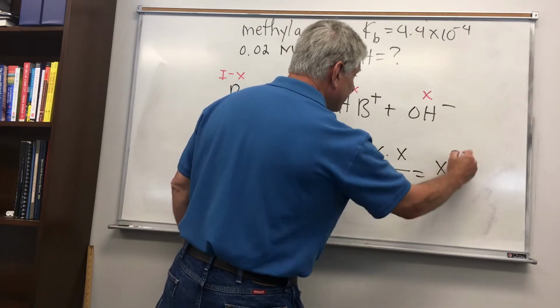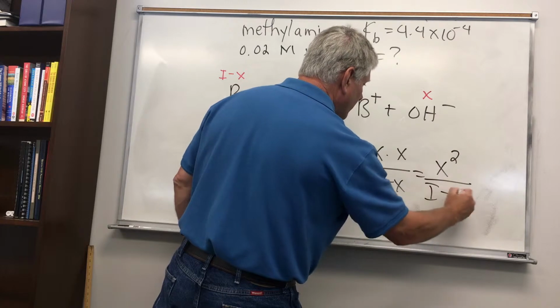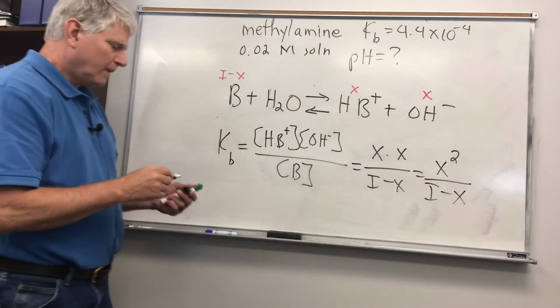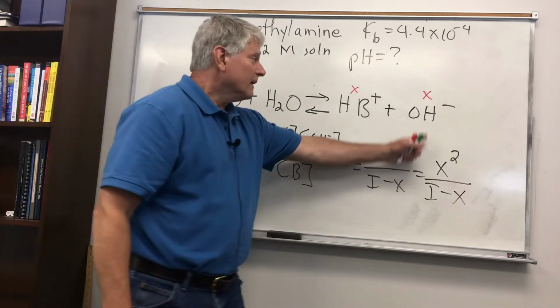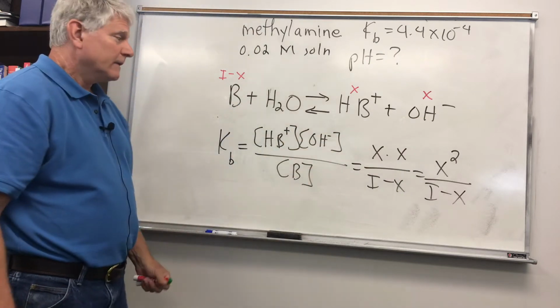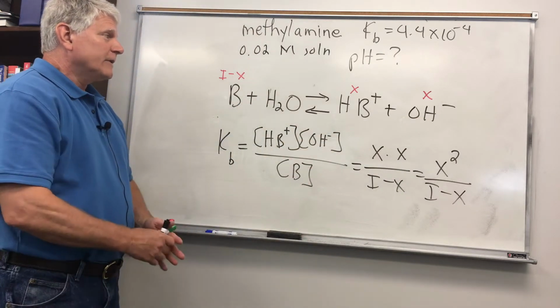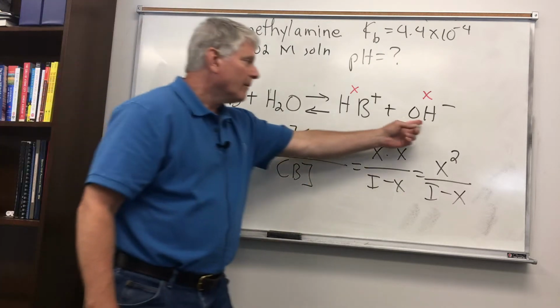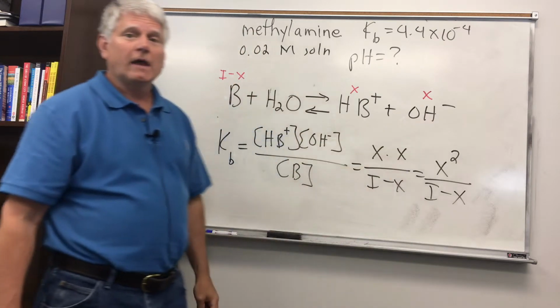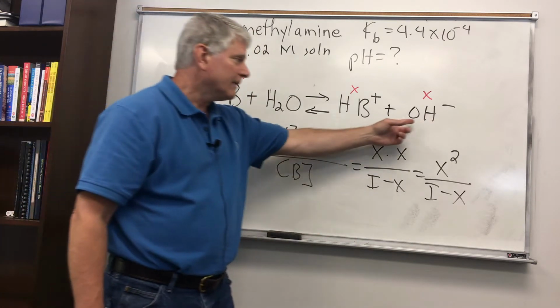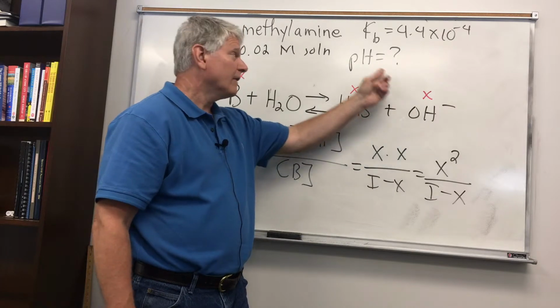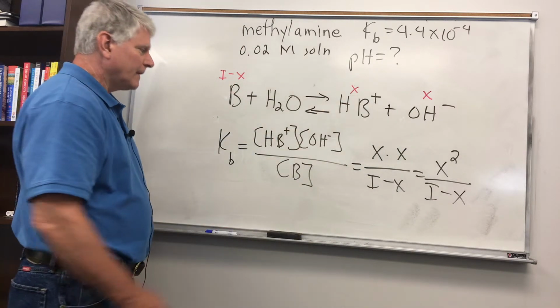So this is the same form we had for the weak acid, only now X is equal to the OH minus concentration. So when we solve for X, we're getting the OH minus concentration. We'll have to use the autoionization of water to get to the H3O plus concentration to find the pH. Just one extra step.